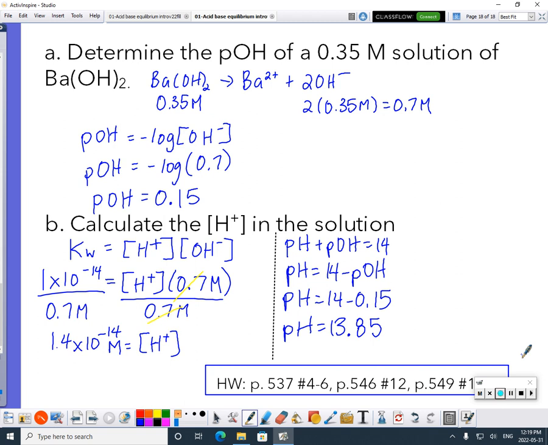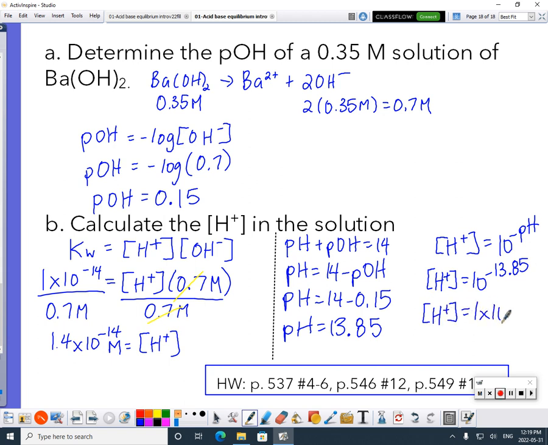Some students, if you left it as pOH, you know, that seems nasty. I don't like that. And then once you have the pH, then you can use the inverse log. And you get the same answer, okay? Oops, sorry, got the 0.4.